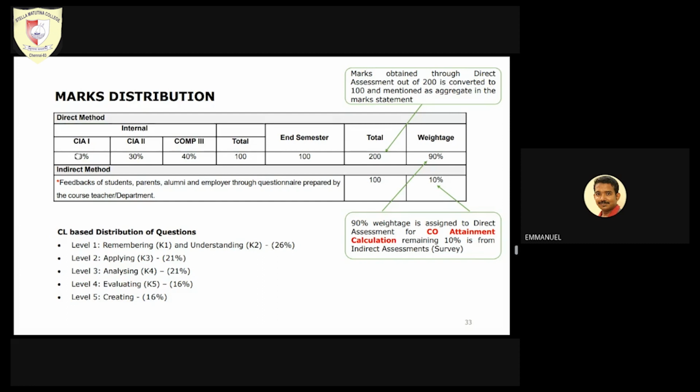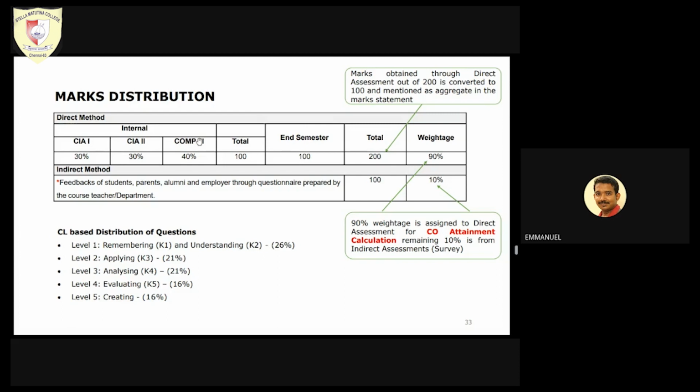So we'll take 30 marks for first CIA, 30 marks for second CIA, and component 3. Actually we call component 1 the first CIA, component 2 the second CIA, and component 3 we break into different parts.